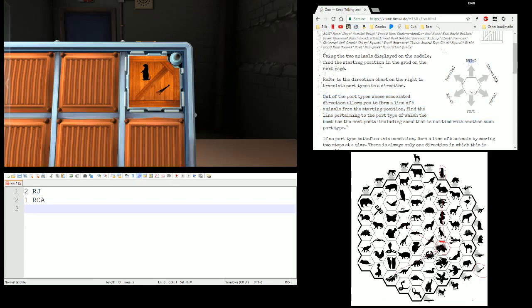We have 0 DVIs, we have 0 parallels, we have 2 RJs. So RJs have the most at 2, and 2 is a unique amount. So RJ is the direction that wins, so we want to go down and to the left, southwest, which means we're going to go this way.